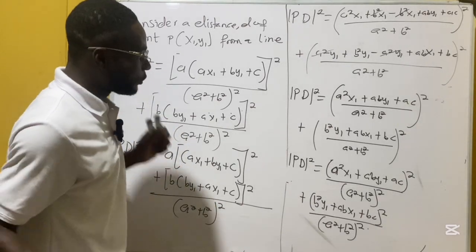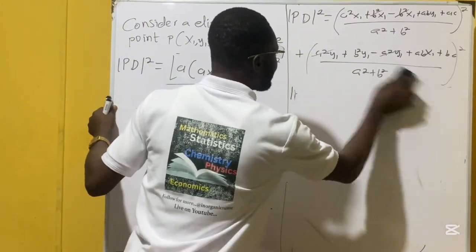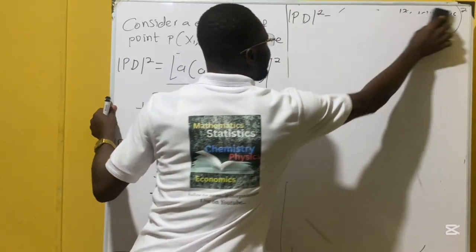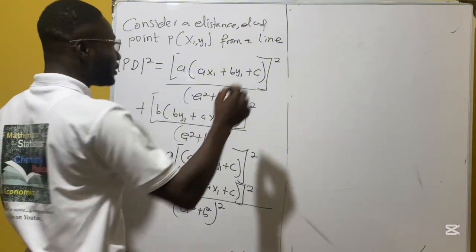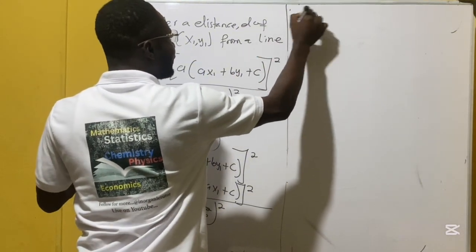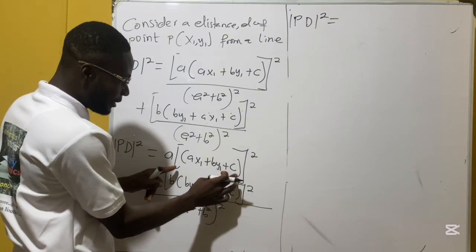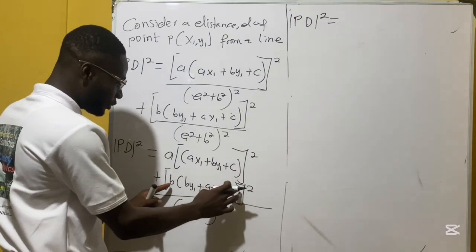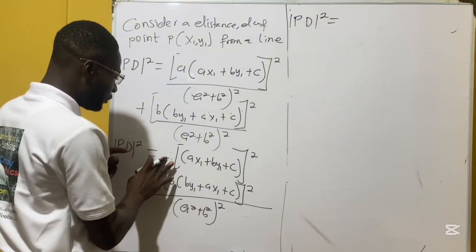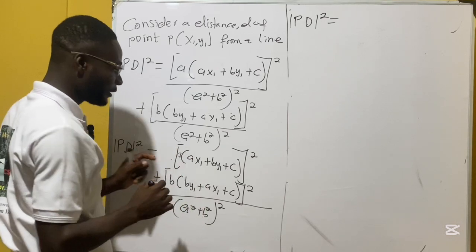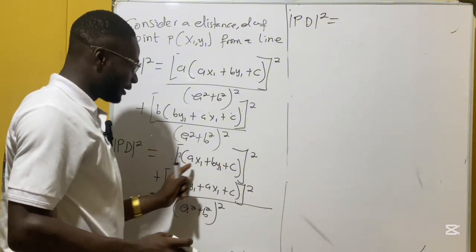So we continue from here and we see that PD equals, now we can see that this information right here is equal to the information we have right here, okay? So let's try to distribute the exponent to all the terms here.